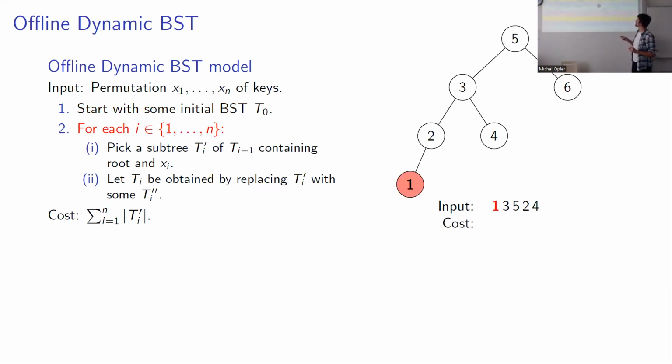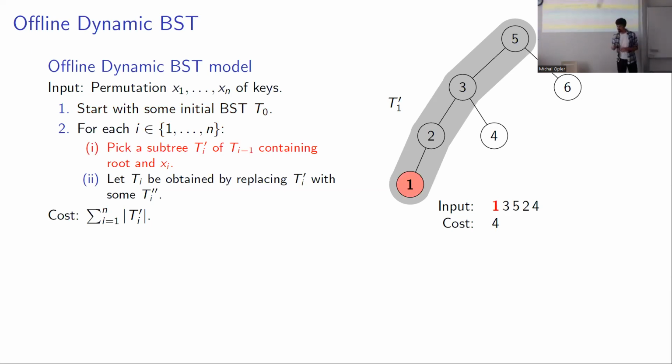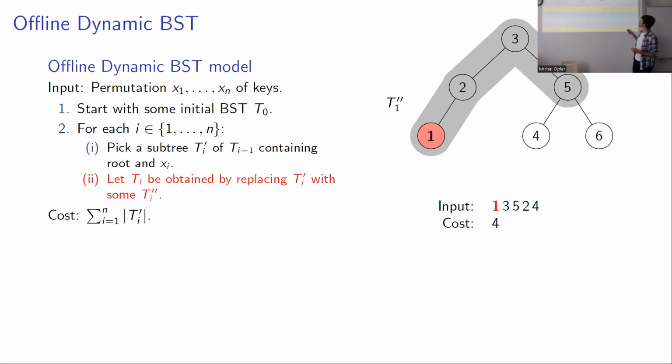In this case, I pick only the access path. Then I am allowed to replace this subtree with any other binary search tree on the same number of nodes. In this case, I choose to replace it with this tree, and then all the remainder of the original tree I just hang. So I just forward the pointers to the correct locations, and I continue the same way.